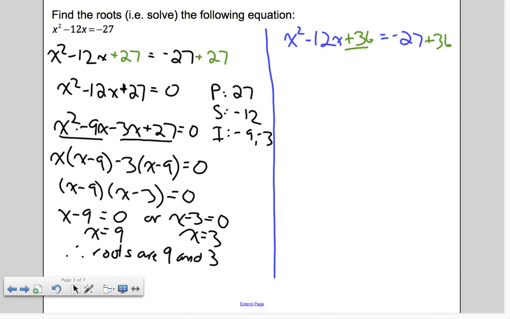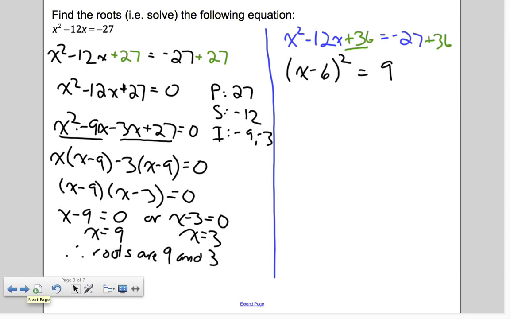Hold that question for a second. The whole reason I wanted the 36 there is so that I can complete the square. So I get (x minus 6) squared is equal to negative 27 plus 36, which is positive 9.